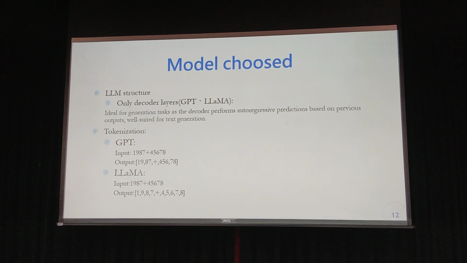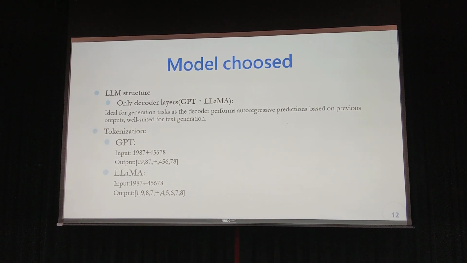As we talked about before, we chose the decoder-only layers for the main structure, and GPT and Llama are both decoder-only. Another reason we chose Llama is the tokenization.